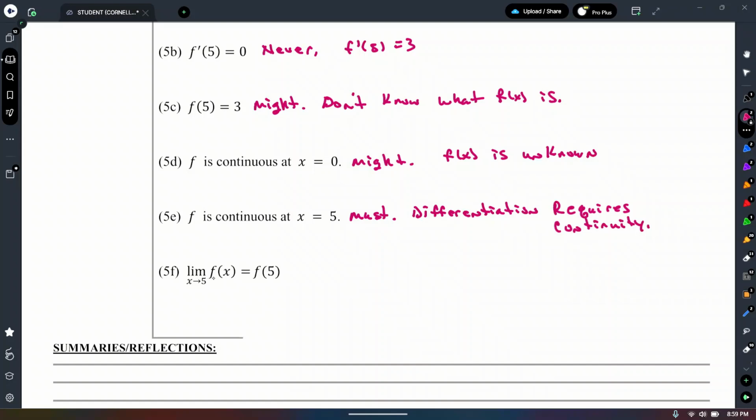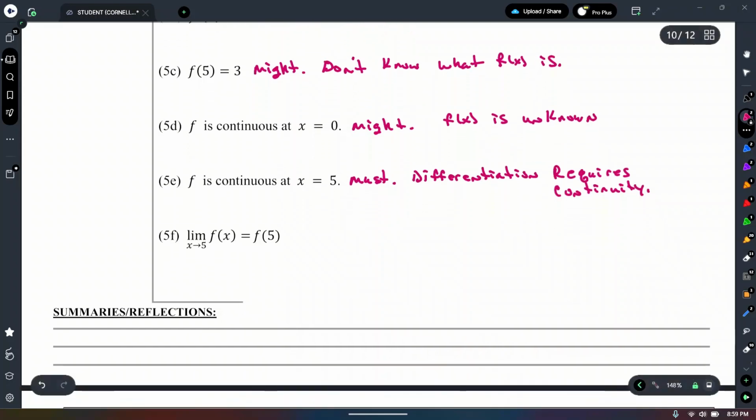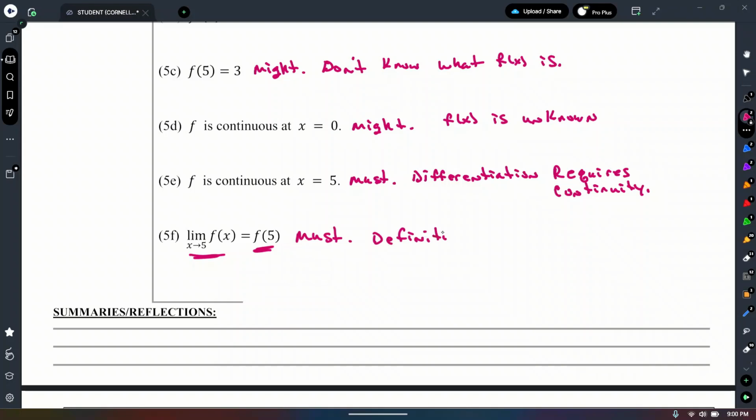And so finally we've got the limit as x goes to 5 of f of x equals f of 5. Think about our 3 points, the 3 things we need for continuity. The function value has to exist, the limit has to exist, and the function value and the limit must be equal. So this is a must. This is the definition of continuity.